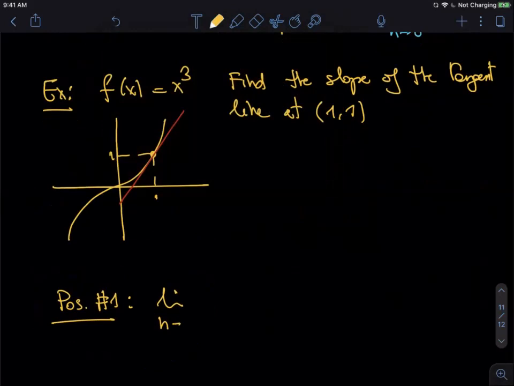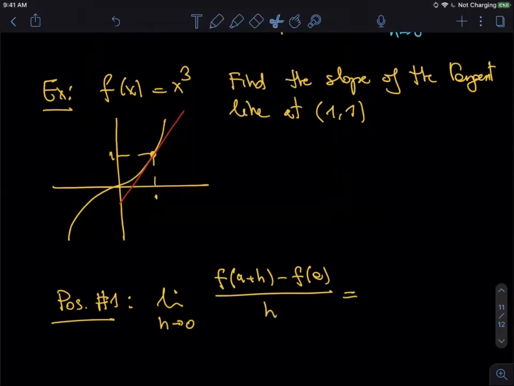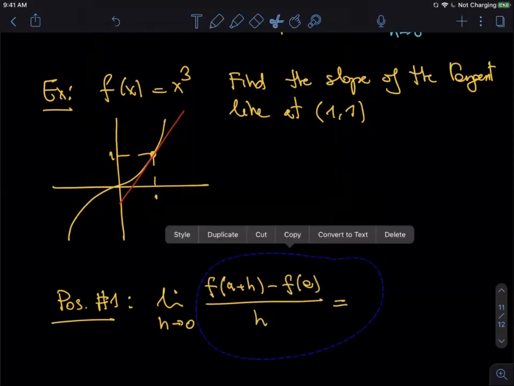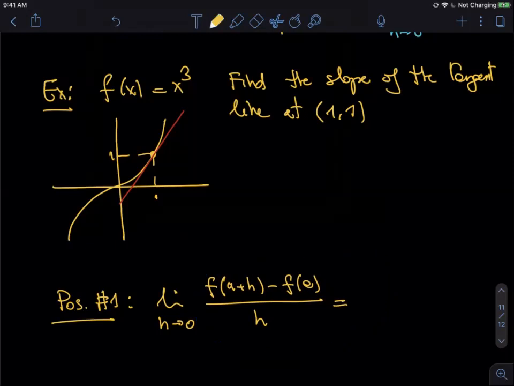So how do we do it? The limit as h tends to 0 of f of a plus h minus f of a divided by h, correct? First, let's write the formula, then we see what is what. So a, in this case, because we want x equal 1, so a equals 1, and that's it.